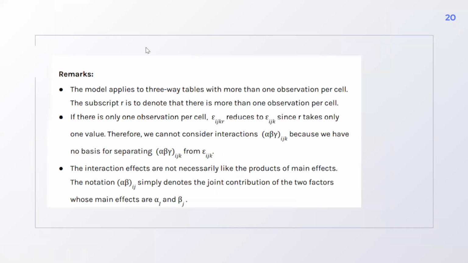The model applies to three-way tables with more than one observation per cell. The subscript R is to denote that there is more than one observation per cell. So, katulad po ng sinabi ko kanina, yung R po dinedenote niya kung ilan yung values natin per cell.